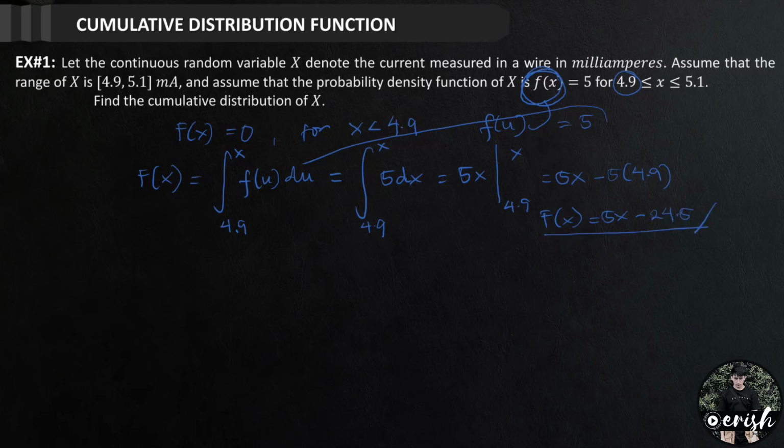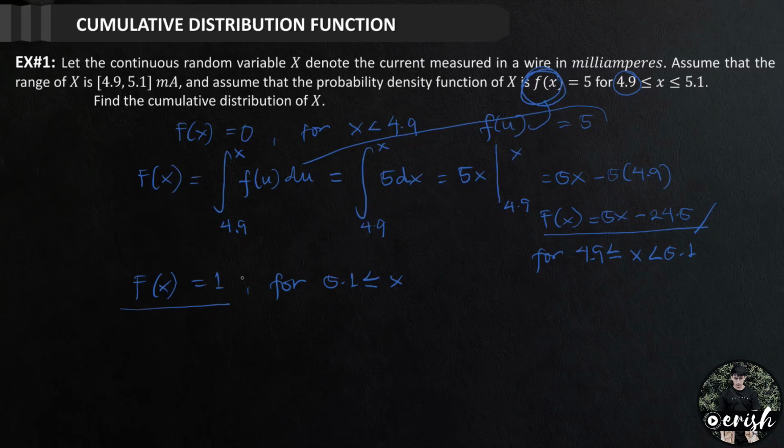And this is for dun sa x na nakapagitan, for 4.9 less than or equal x less than 5.1. And finally, for f of x na equal sa 1, so this is for 5.1 less than or equal x.